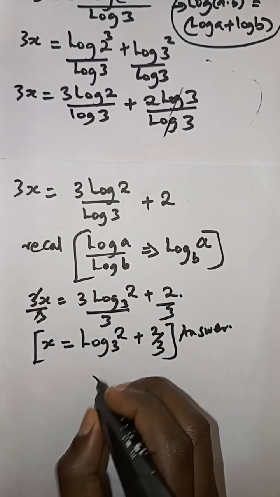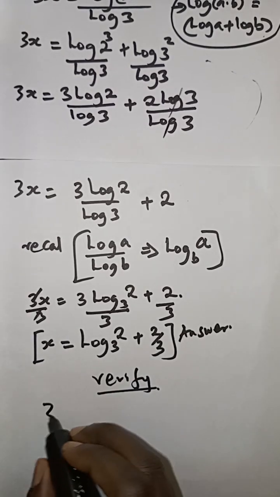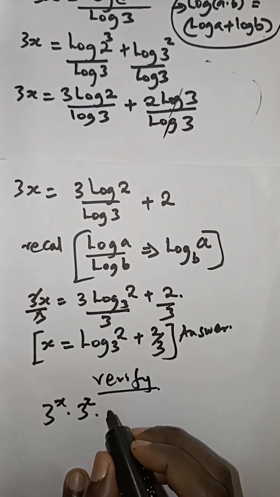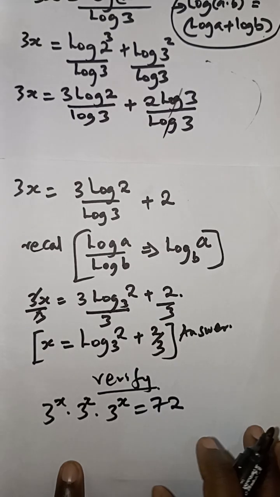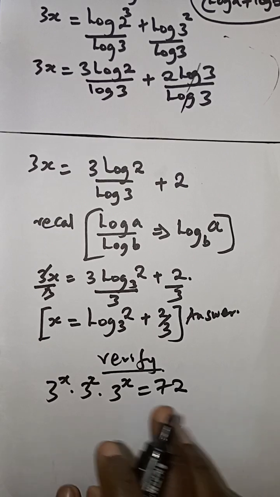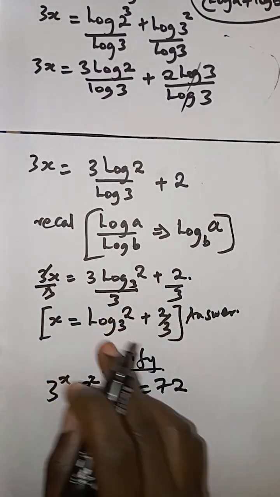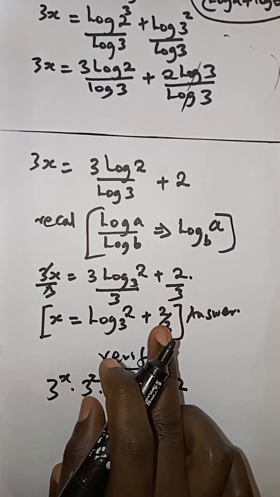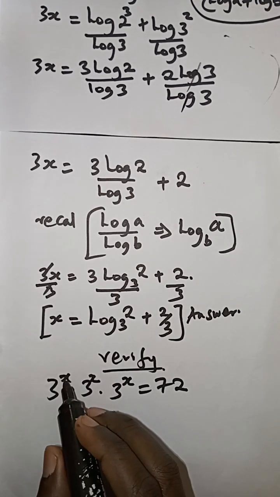We're going to go ahead and verify if indeed 3 raised to x multiplied by 3 raised to x multiplied by 3 raised to x is equal to 72. From the basic laws of indices, this is the same as adding the powers.